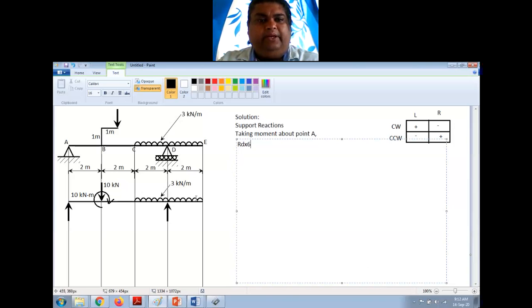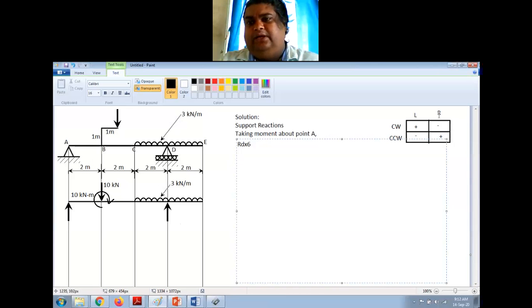Then I have a UDL here. Now this force is acting downwards. So a downward force will make a clockwise couple on the right side of the section. Right side clockwise is negative.